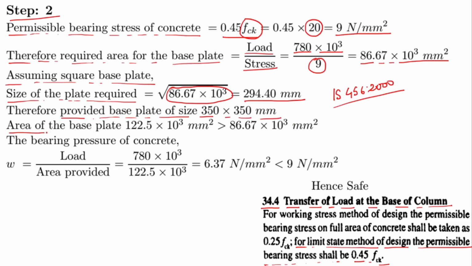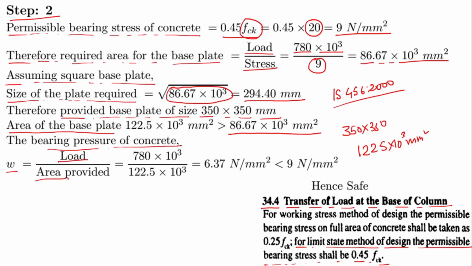Area of base plate. So provided area of the base plate will be 350 into 350. It is calculated as 122.5 into 10 cube mm square, and it is greater than the area required, which is 86.67 into 10 cube mm square. Bearing pressure of concrete, small w, is load divided by area provided.